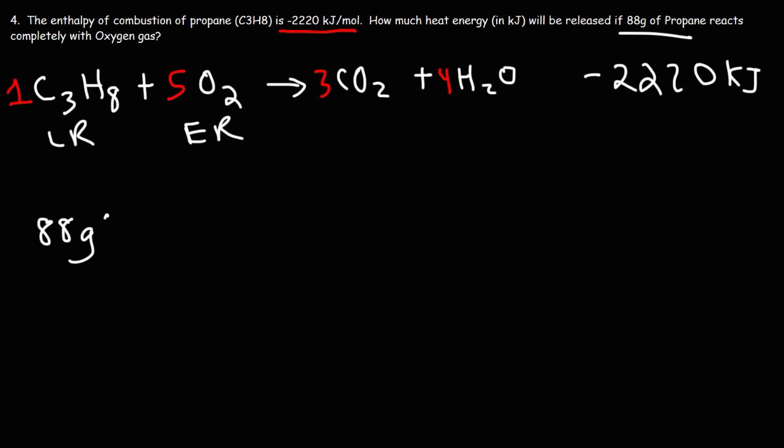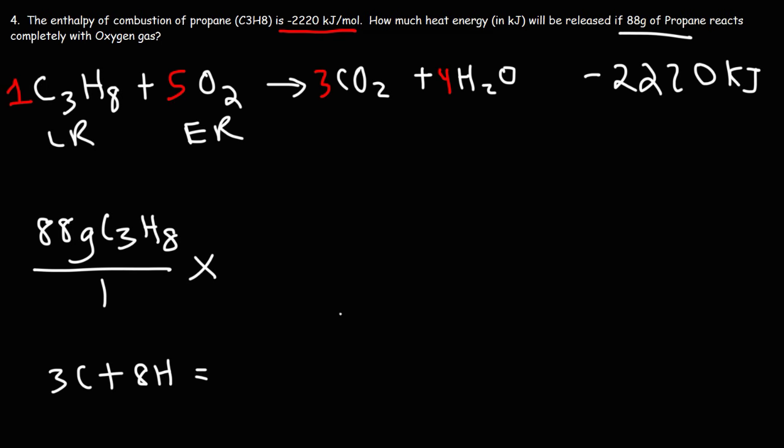So we're going to start with 88 grams of propane. What we need to do is convert it to moles. So we have 3 carbon atoms and 8 hydrogen atoms. The atomic weight of carbon is 12.01, and the atomic weight of hydrogen is 1.008.